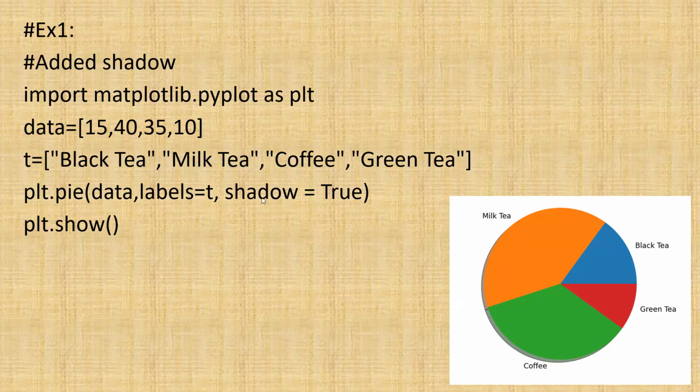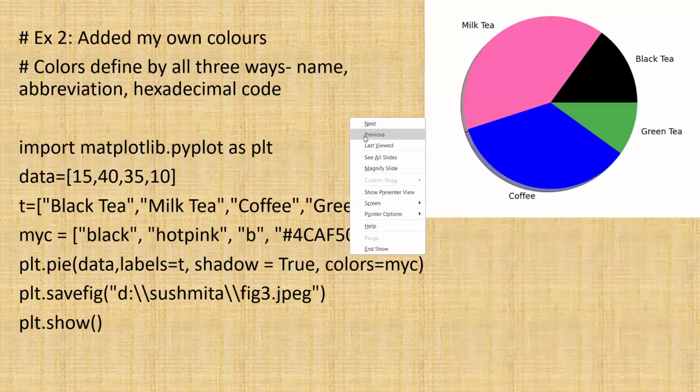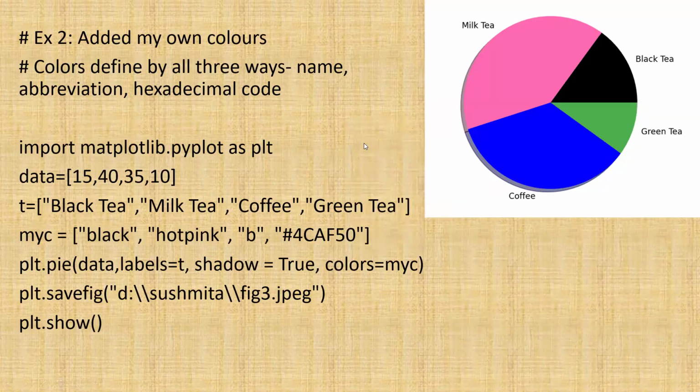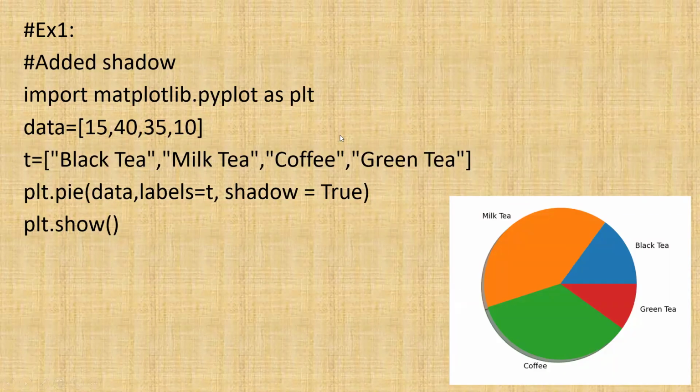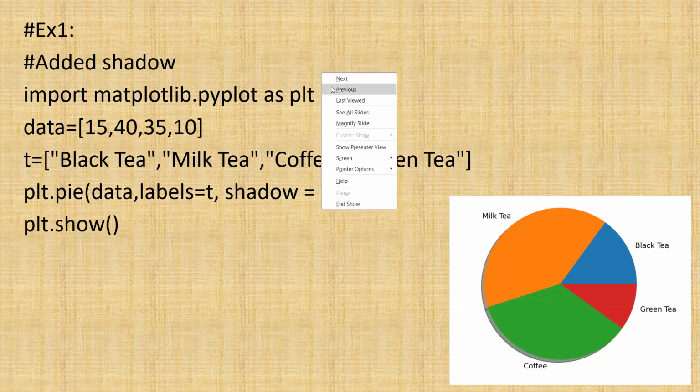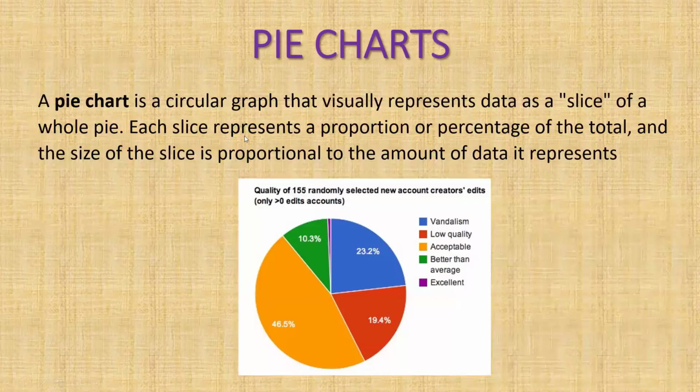So I go back. I was saying that we are doing the pie charts today, right? And this is how a pie chart actually looks like. We are trying to have the portion or proportion from a whole. That is 100% thing. And from there, we try to present the portions.